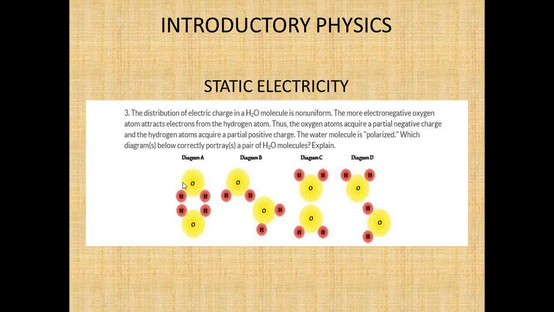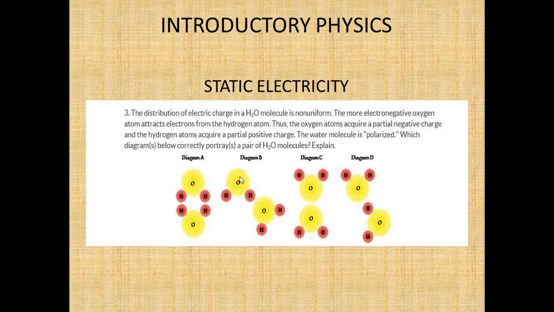They're going to repel. So this scenario doesn't make sense. Let's look at this one. The oxygen is a little bit more negative, the hydrogen a little bit more positive. So this hydrogen will be attracted to this oxygen, because the hydrogen is positive and the oxygen is negative.